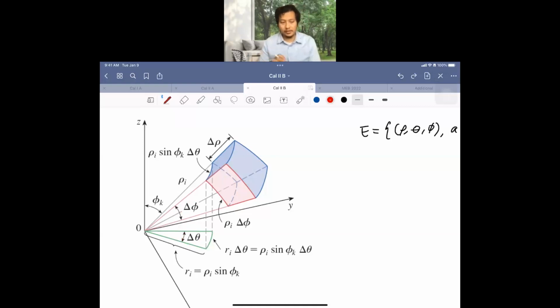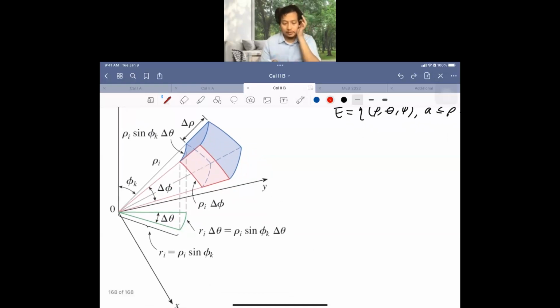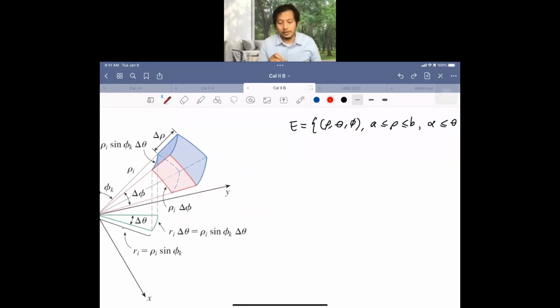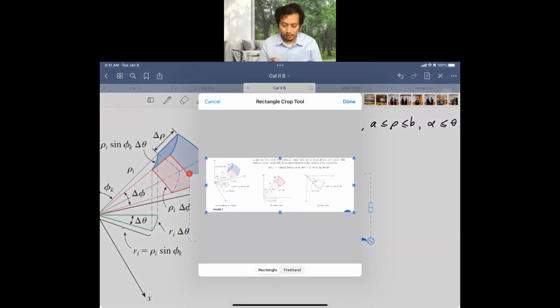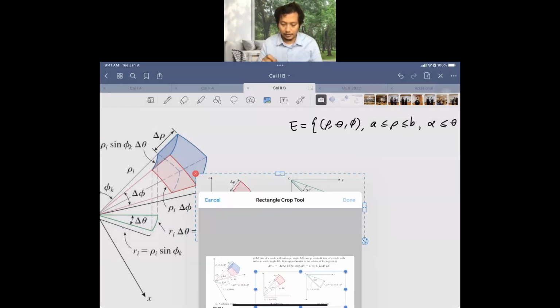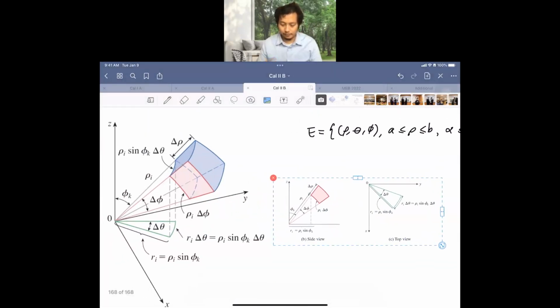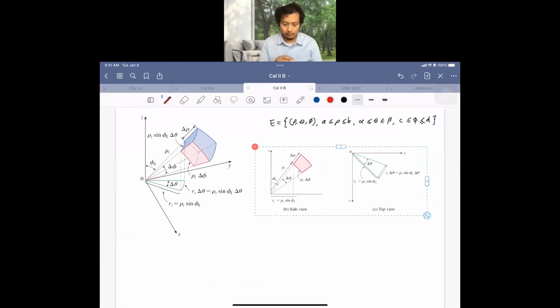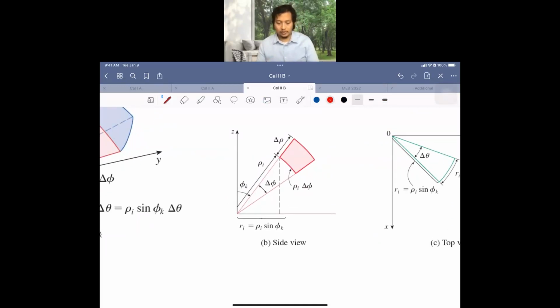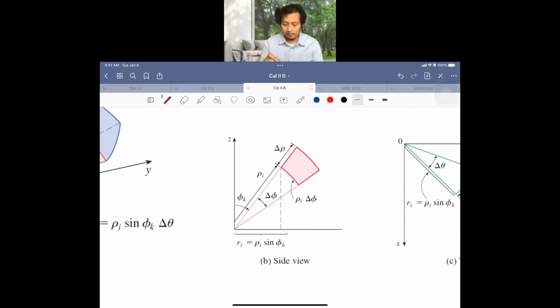Perhaps it's not really clear what's going on here, so let me go through the projections. If we project this, we might have the side view and the top view. If we look here, we can clearly see that this will be the arc length of the circle.